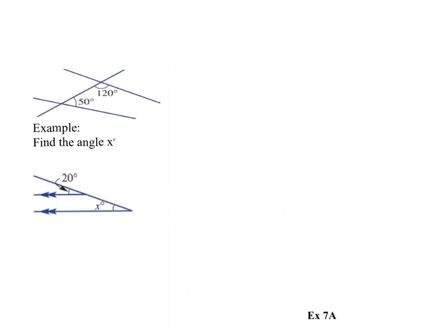Looking at this example, so we're still looking to see whether these are parallel lines. I guess by looking at it, you'd probably say they're not because they don't look like they're parallel, but how would we prove that? Well, those two angles, if they were parallel lines, would be considered co-interior. And we know that co-interior angles add up to 180 degrees.